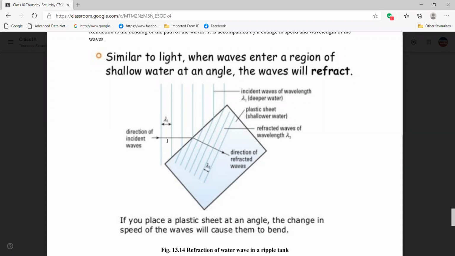Refraction means bending of waves. Bending means changing the direction, right?